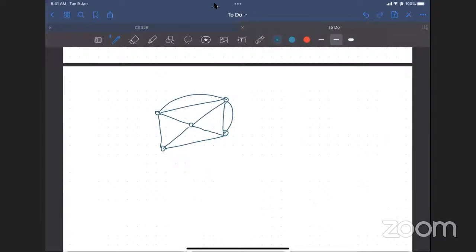I think I just repeated one. Yeah, something like that. You get the idea, right? So every vertex should have a degree 4, and it should be connected. There should be only one edge between any pair of vertices, so this edge should not be there. I might as well just redraw it.